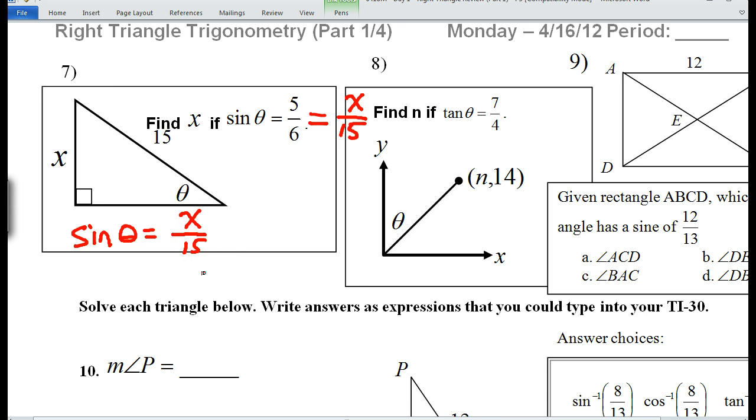Okay, so here they already had that sine theta equals 5 over 6. So they're saying sine theta equals 5 over 6. We're saying sine theta equals x over 15. Well, both of those things have to be true at the same time. So if sine theta equals 5 over 6 and x over 15, that only will make sense if x over 15 equals 5 over 6.